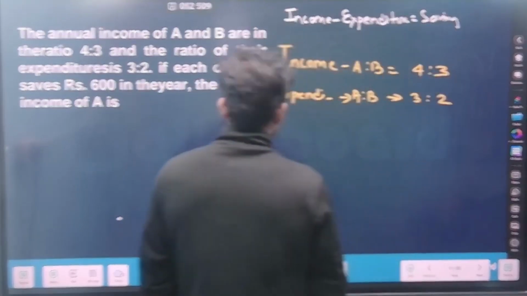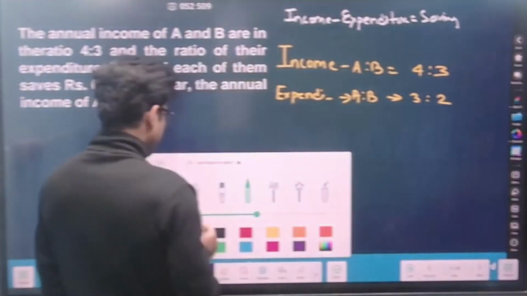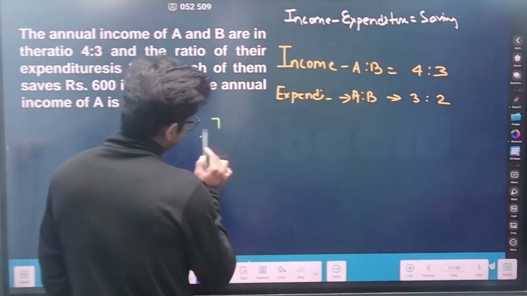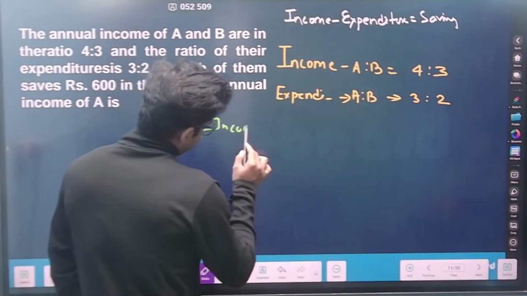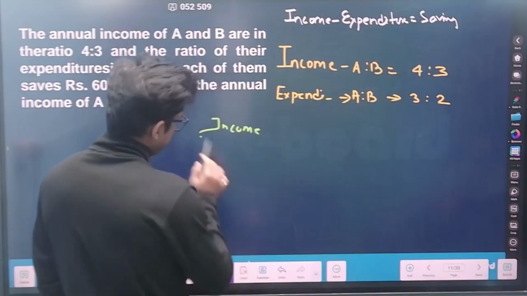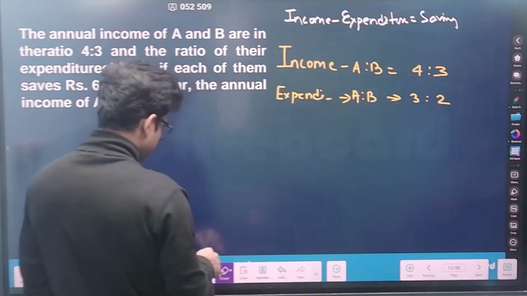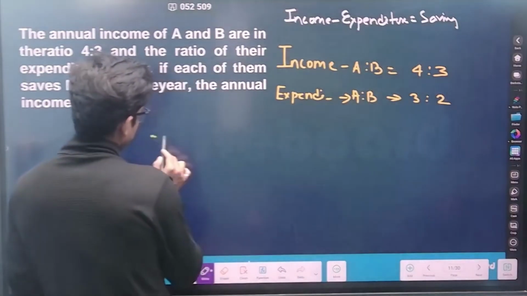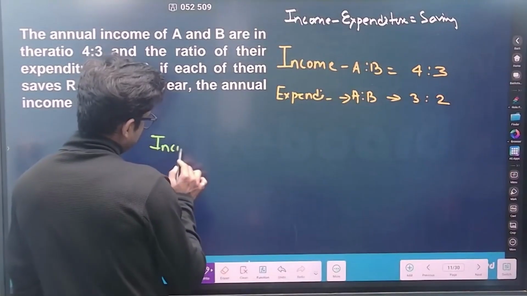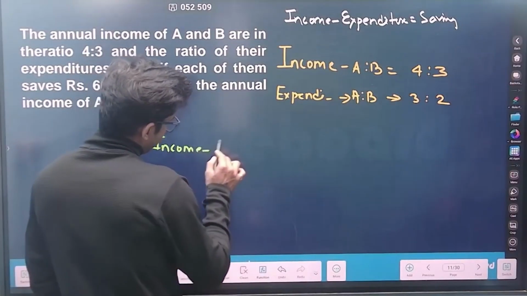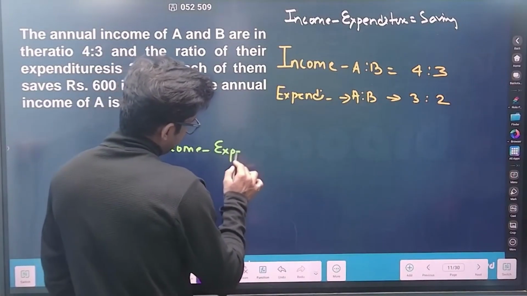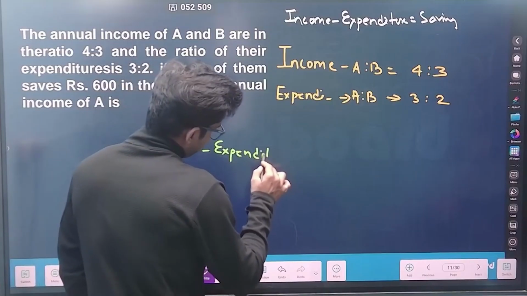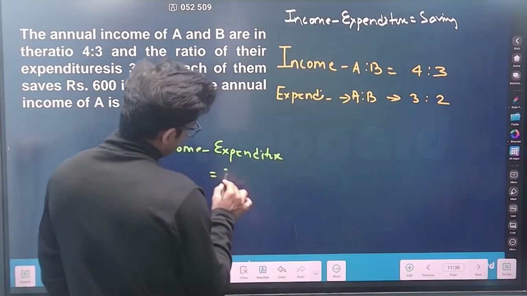Now we know what? We know income minus expenditure is equal to saving.